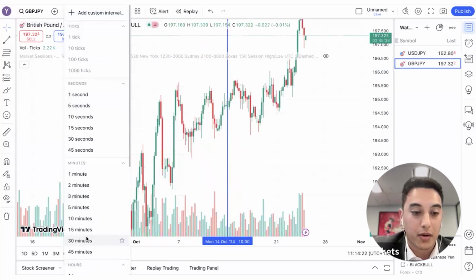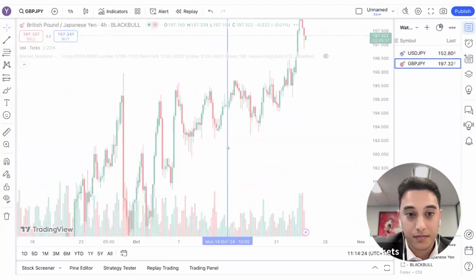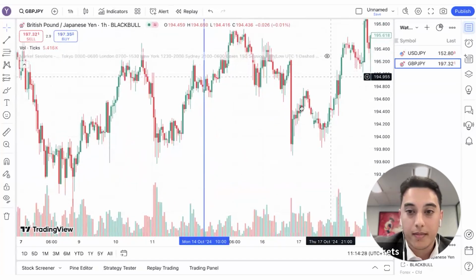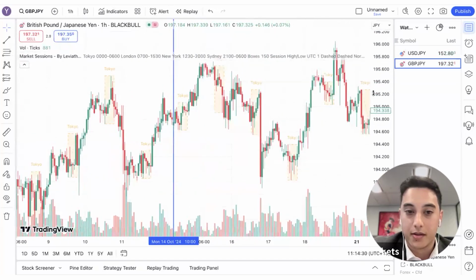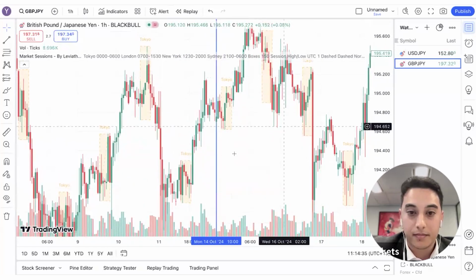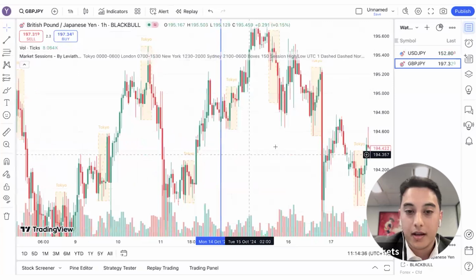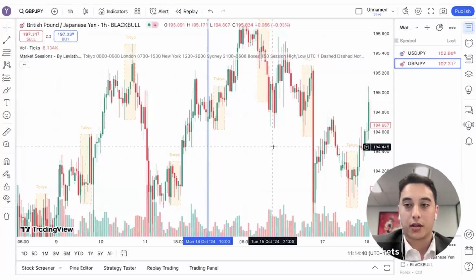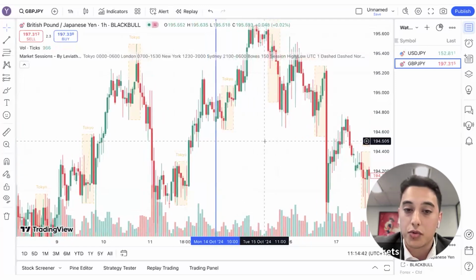So we go back to the 1-hour, and we put our indicators back on. Okay. Now, one of the lessons I've learned the hard way trading the Asian session is that you generally don't want to get into the market too early.